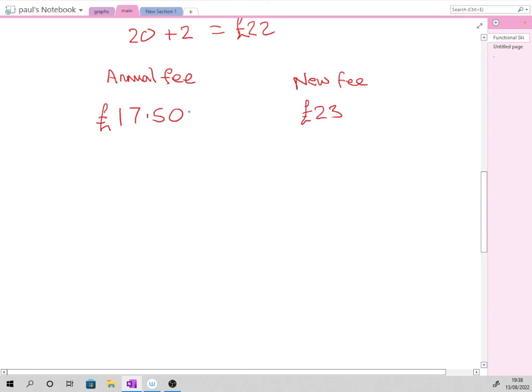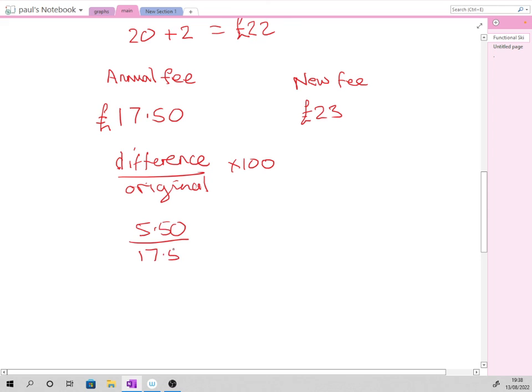So to find the percentage increase, again, it's the same thing. It's the difference over the original times 100. What's that? It's £3, £2.50, £3 is £5.50. £5.50 divided by £17.50 times by 100, and let's get the calculator out for that one.